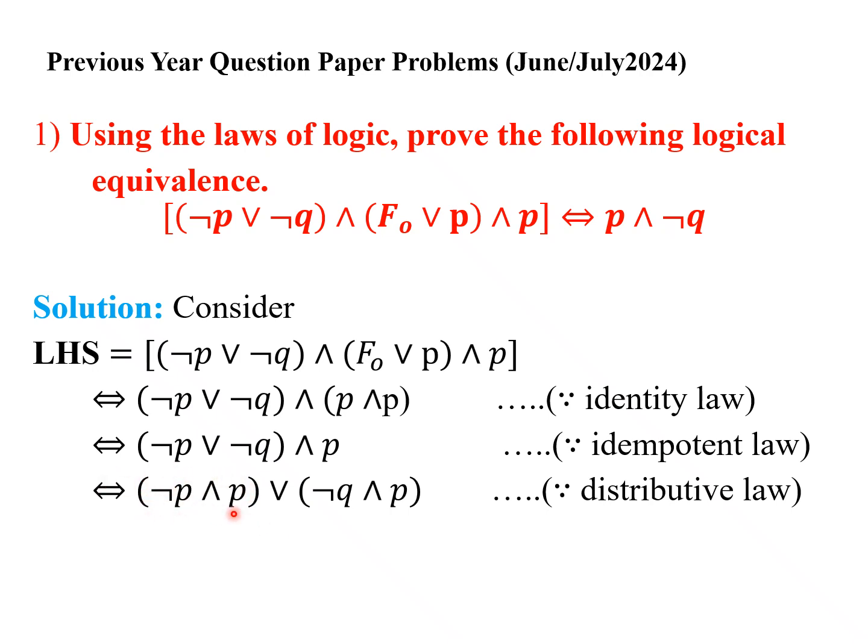Negation of P and P is a contradiction, that is F naught. This is by using the inverse law. So by the inverse law, negation of P and P is a contradiction, that is F naught, or negation of Q and P as it is.